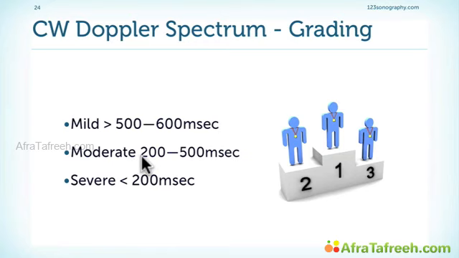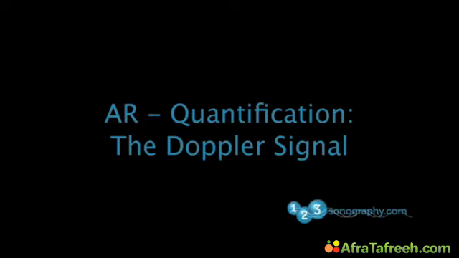If it's between 200 and 500, it's moderate, and if it's below 200, it's severe. The problem is that in reality, even patients with pressure half-time in the range of 300 or 350 can still be severe. So there is an overlap in this region. But now let's take a look at our patient and let's take a look at his continuous wave Doppler spectrum.